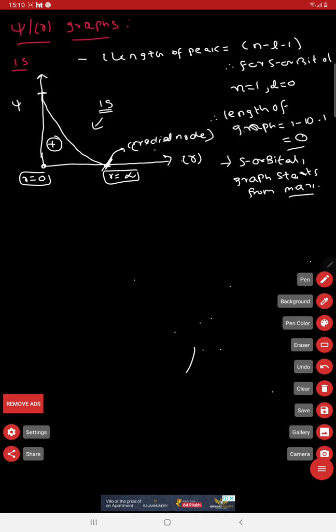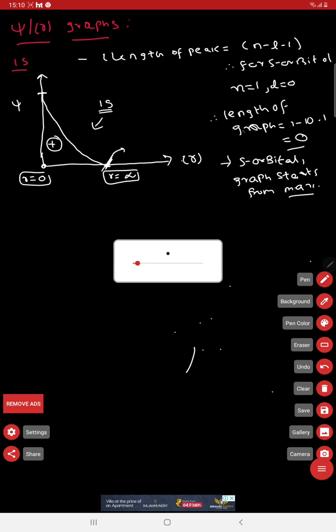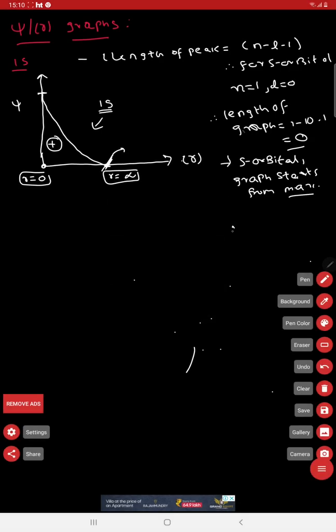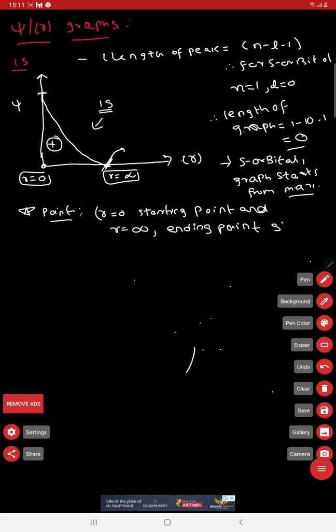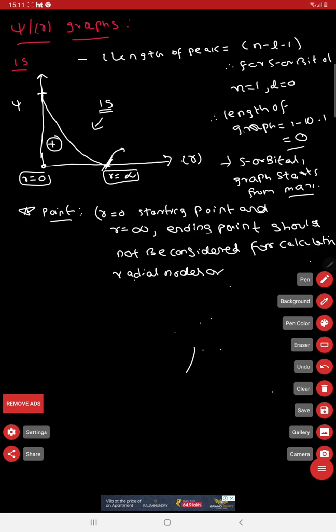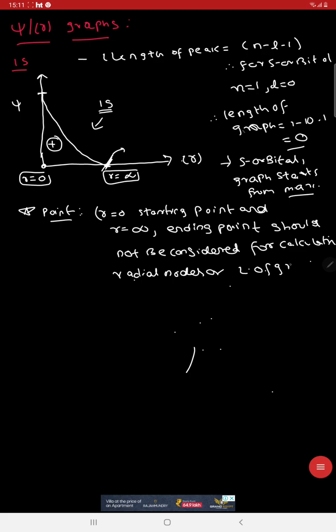That is not the case, because, an important point, the starting point r equal to 0 and the ending point r equal to infinity should not be considered for calculating radial nodes or the length of the graph.